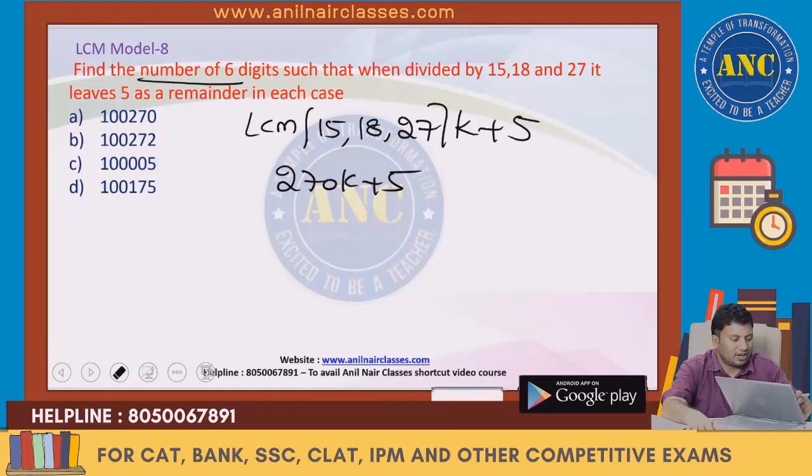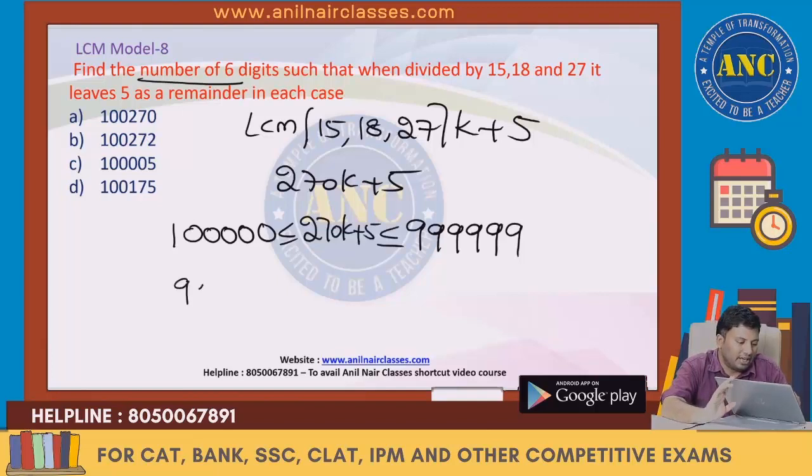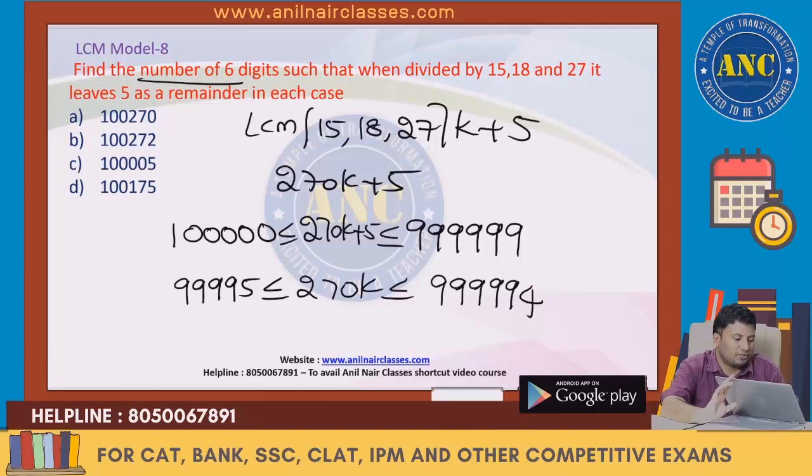6 digits we require. What is the highest 6 digit number? Which is 6 nines. What is the lowest 6 digit number? 1 followed by 5 zeros. 270k plus 5 is greater than or equal to that and less than or equal to 6 nines. So if I take, it will become 4 nines 5 on the lower side. 270k is less than or equal to 5 nines 4.